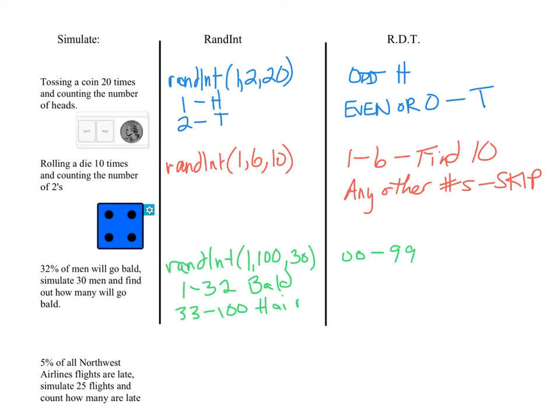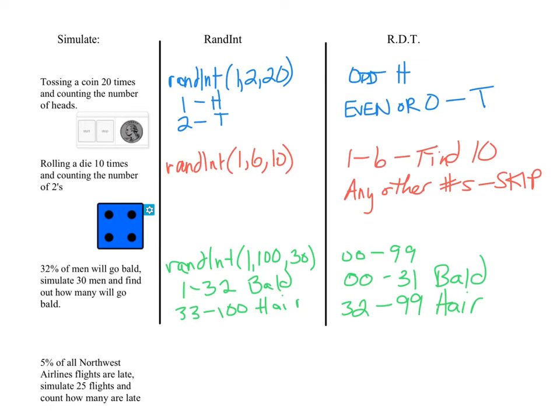Okay, so looking along a line at 2-digit numbers, and I'd say, well, 0 to 31 is bald, and 32 to 99 keeps their hair. Okay, and again, just think, if you go 0 to 31, that's 32 numbers. So we've kept this scale correct. Okay?